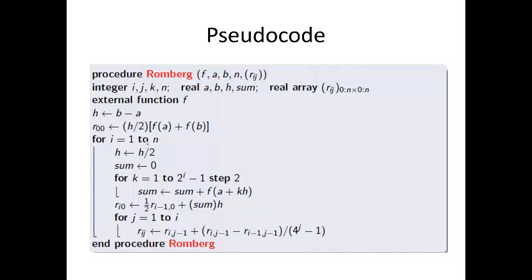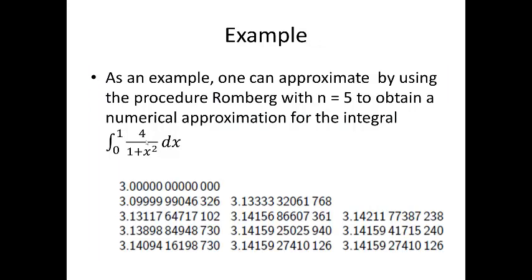Let's look at how the authors use this program for calculation. As an example, one can approximate by using the Romberg procedure with n equals 5, the integral from 0 to 1 of 4 over 1 plus x squared dx. And this is actually going to give us an approximation of pi, since you can see that it gives exactly 3 in the first iteration.